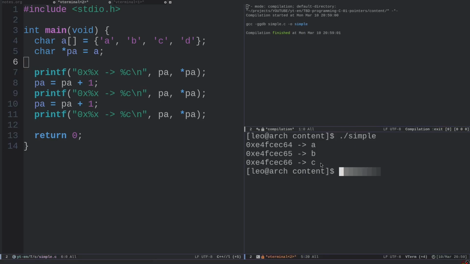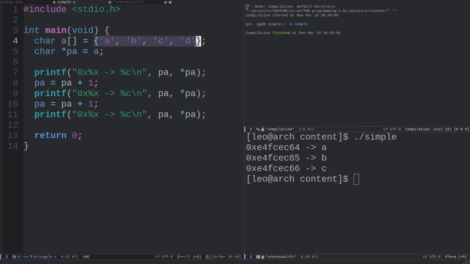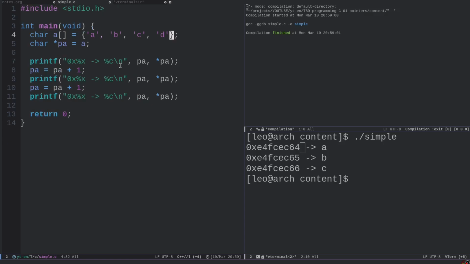I still get the first, second, and third element of the array, but now the address was incremented by 1, not by 4 anymore. So you gotta be careful when you do pointer arithmetic, because here you're doing a plus 1, but this plus 1, semantically, depends on the type of the pointer. What kind of data type you are pointing to. If it's a char that is a size 1, we're gonna increment the pointer by 1. But if it's an integer, which is size 4, we're gonna increment the pointer by 4.